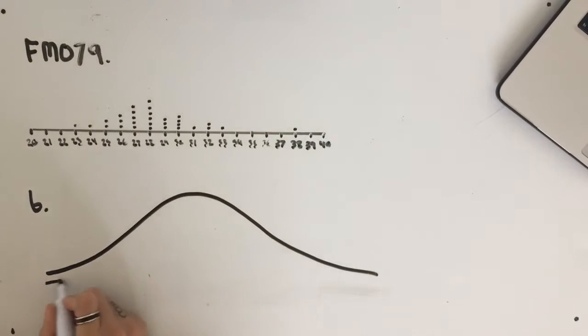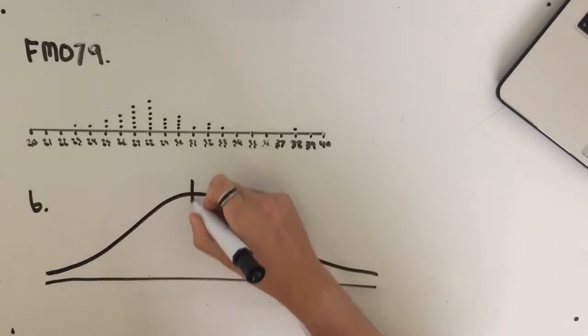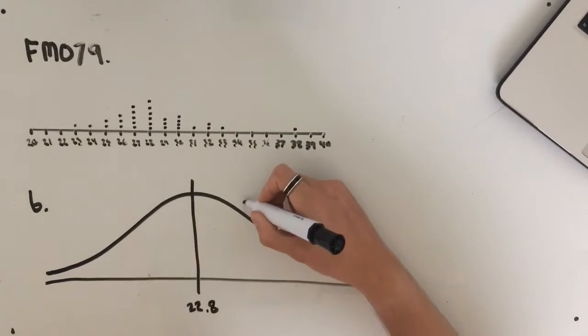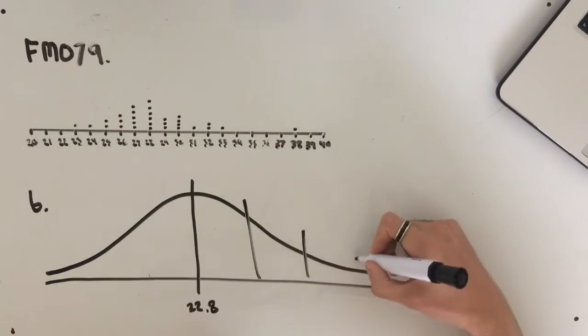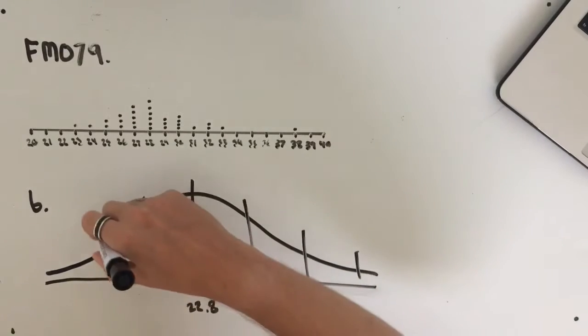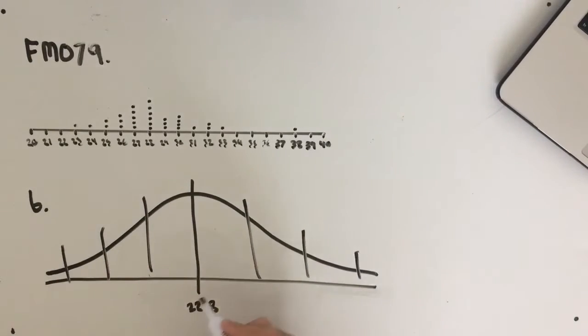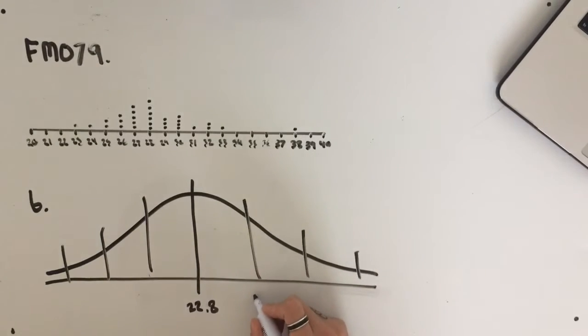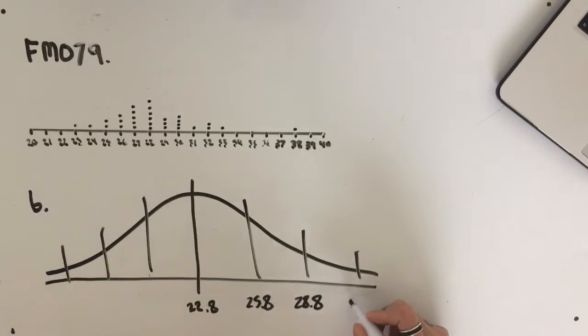We've got our mean here, and we have standard deviations, 1, 2, 3, and each of these standard deviations occurs three ways. That would mean that our first standard deviation above the mean would be at 25.8, our next one at 28.8, and our last one over here at 31.8.